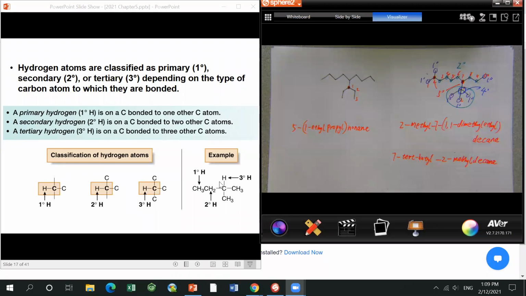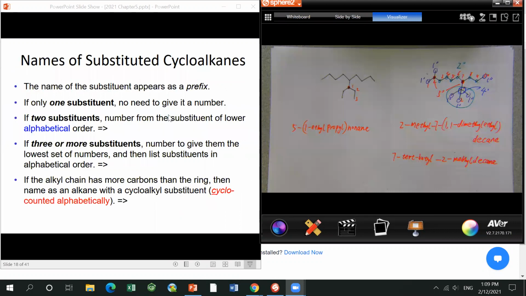There is no quaternary hydrogen, because the quaternary carbon has only carbon bonded, for bonds. So that's the classification of hydrogen and also carbon.